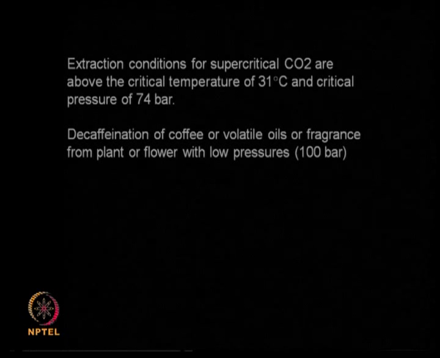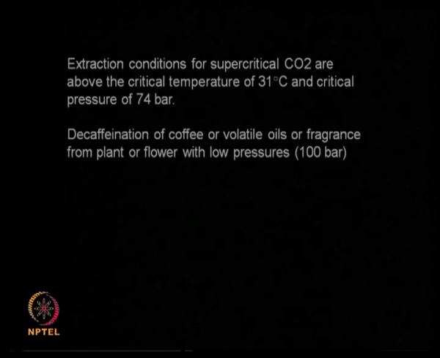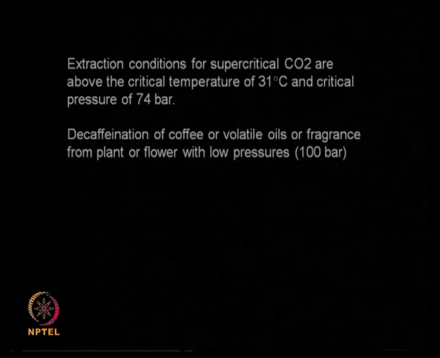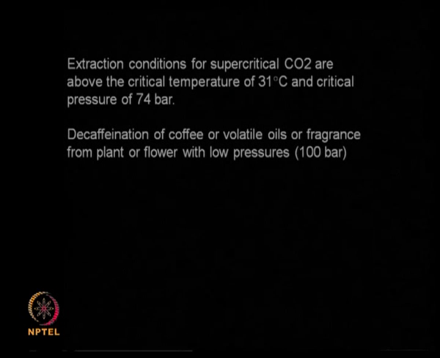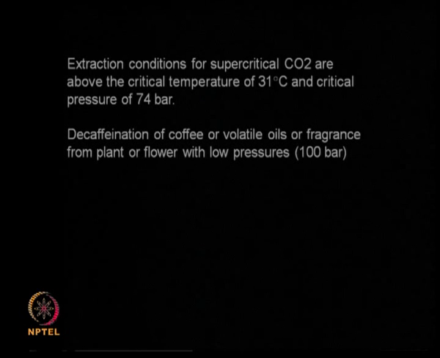That means if I am above this temperature and above this pressure, CO2 will be in the form of a supercritical fluid, and I can process any system, and by modifying the pressure I can improve the solubilities, and I can modify the temperature to improve the diffusion coefficients, as long as the solids which you are trying to treat can allow this type of temperature and pressure.